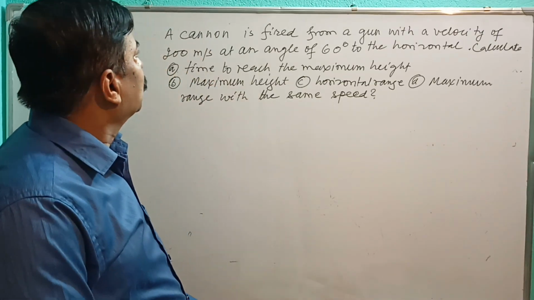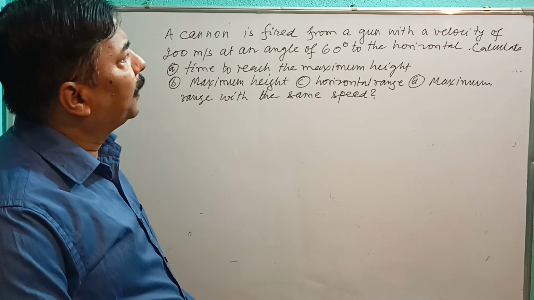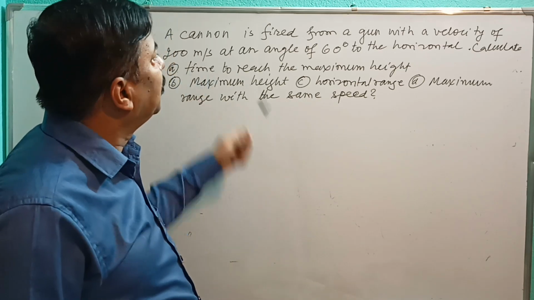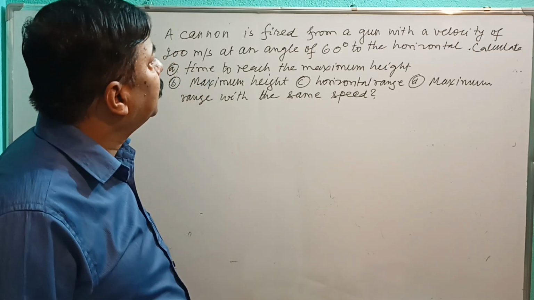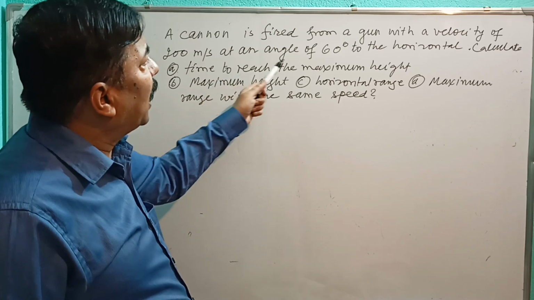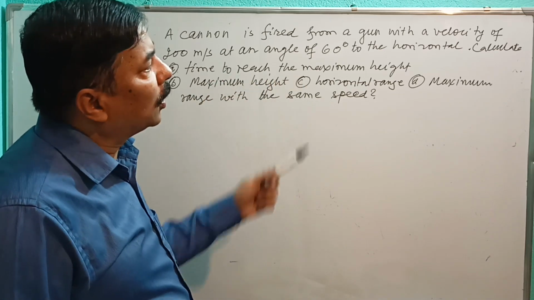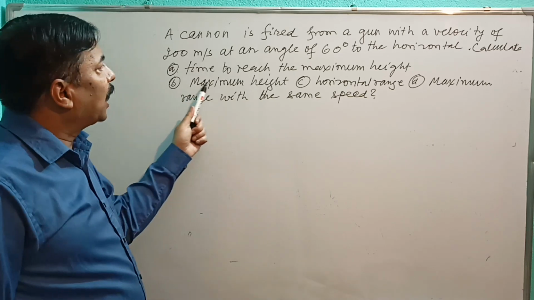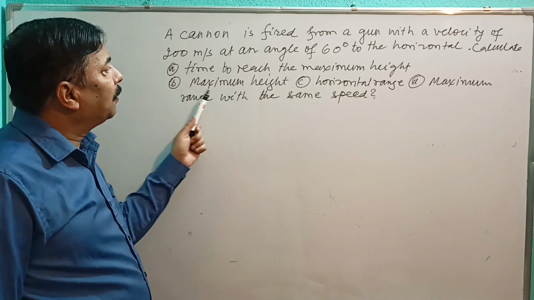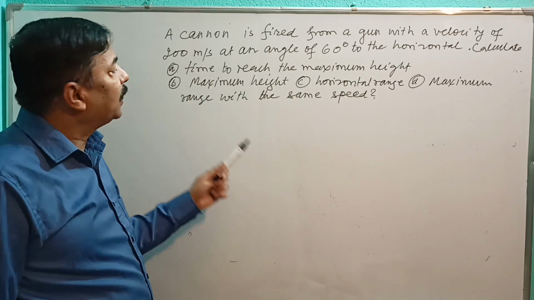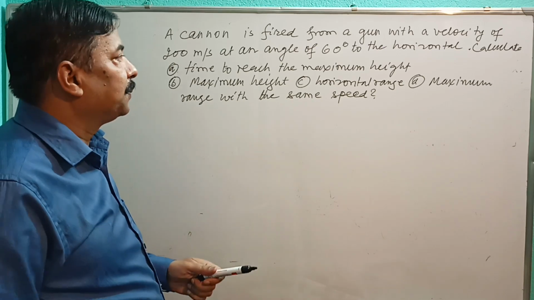Now see this question. A cannon is fired from a gun with a velocity of 200 meters per second at an angle of 60 degrees to the horizontal. Calculate the time to reach the maximum height, horizontal range and maximum range with the same speed.